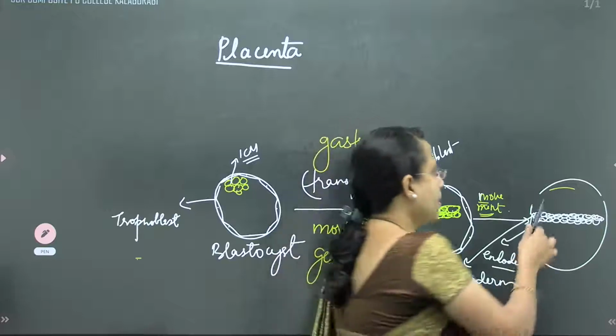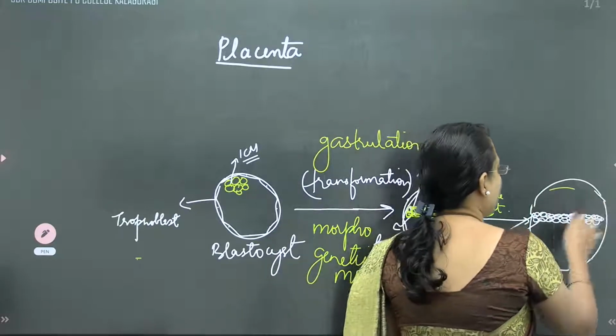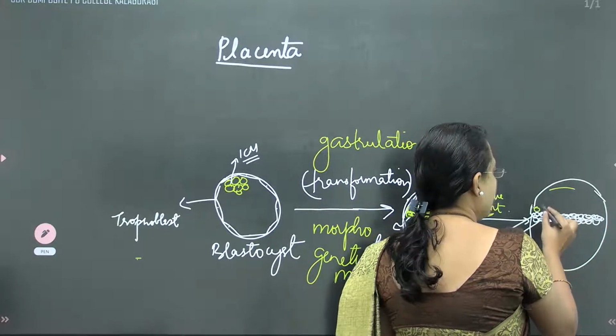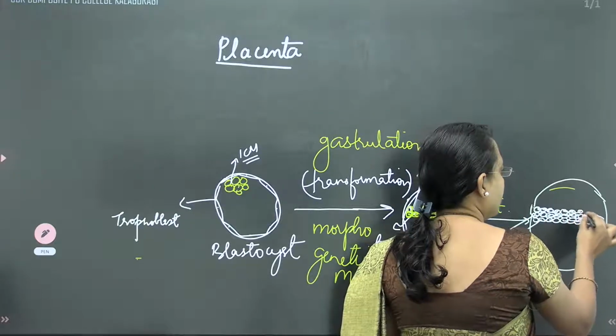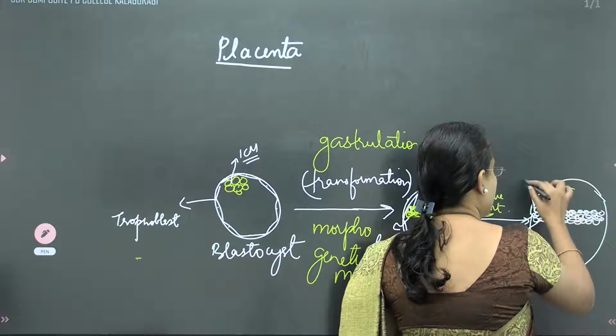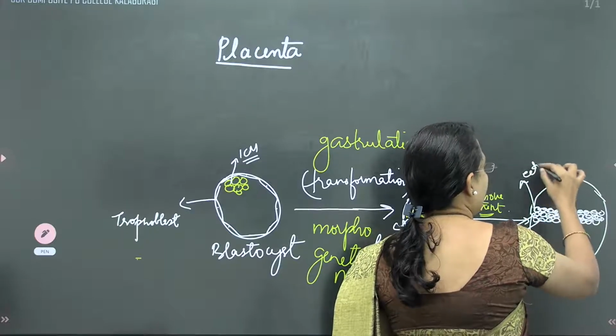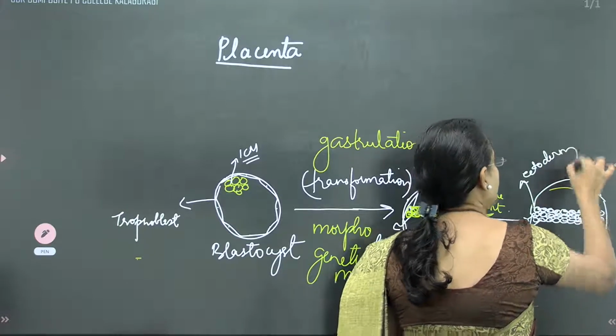And finally the epiblast will differentiate into ectoderm cells. So the epiblast which was here, its cells will form the ectoderm. This is the last one formed.